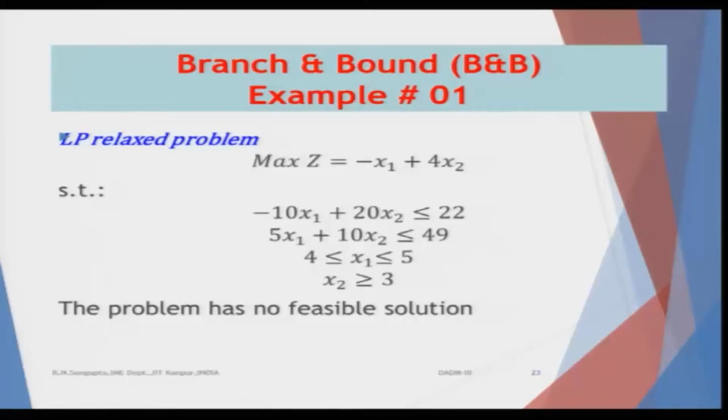What is interesting to note is that we have divided x2 into 2 regions, 2 or less and 3 or more. Here we are taking x2 greater than or equal to 3, and if you solve it there is no feasible solution, which is very interesting to note from the diagrammatic point of view also.